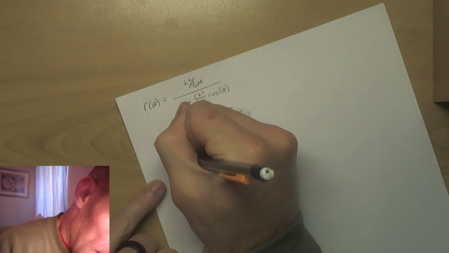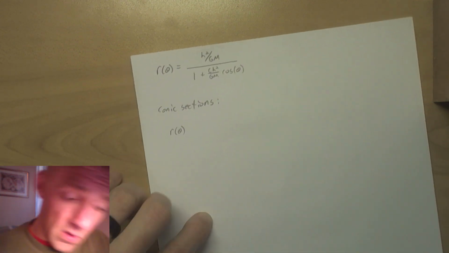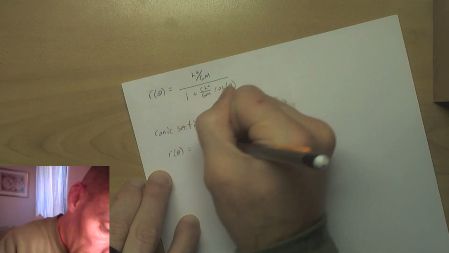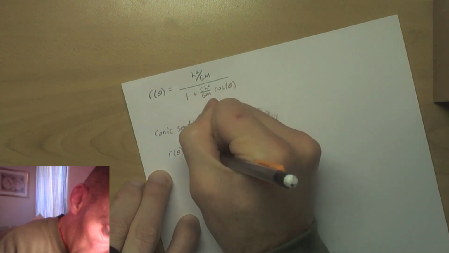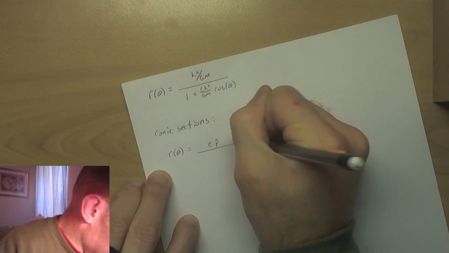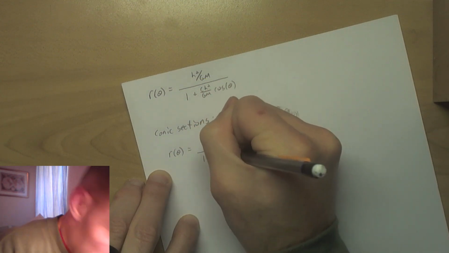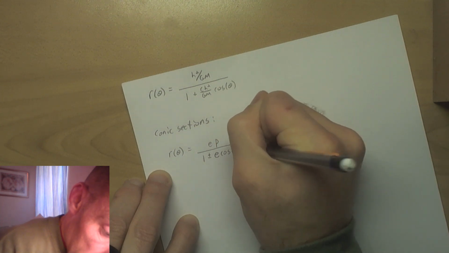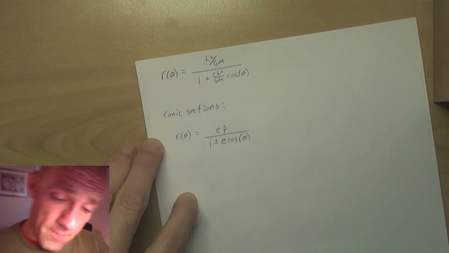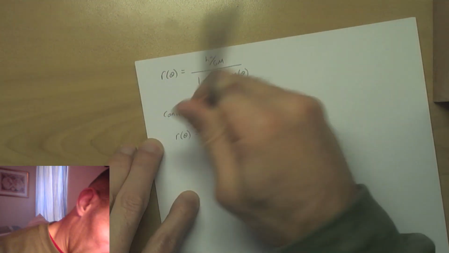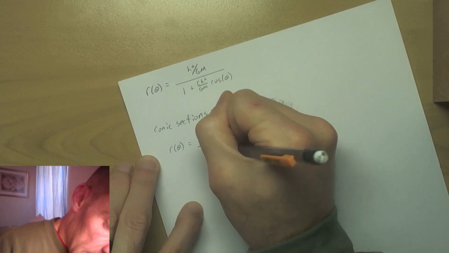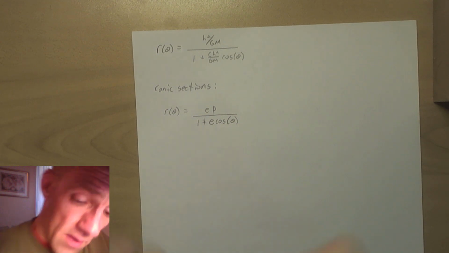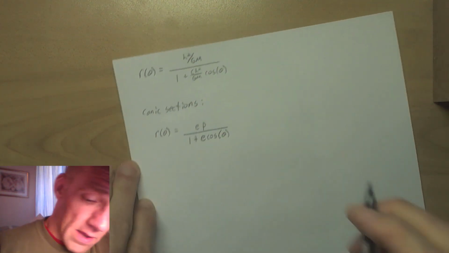Their equation given in polar coordinates has the same form. Okay, I guess for our purposes we'll just use the plus. And it's controlled by two constants, E and P in this case.